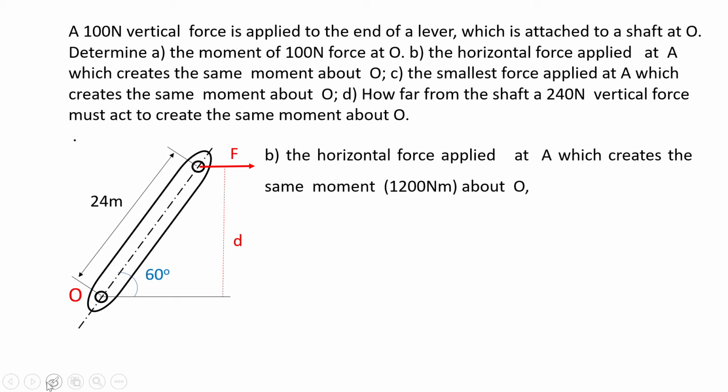So this is the problem. In this case, the perpendicular distance goes vertically like this. There is a simple technique to find the perpendicular distance: draw the line of action passing through the particular force, and then put a perpendicular to that line, and we get the perpendicular distance from the reference point.